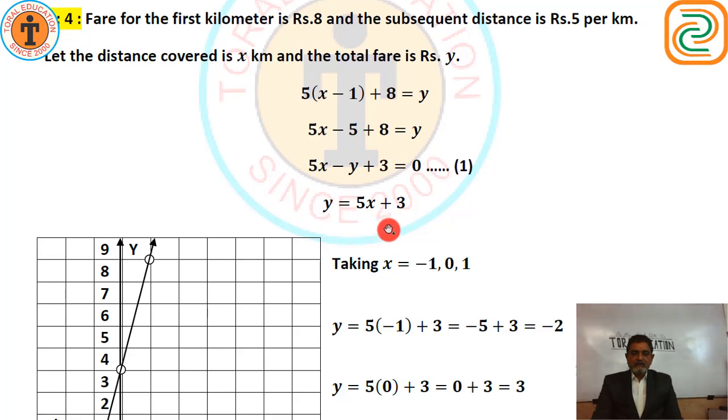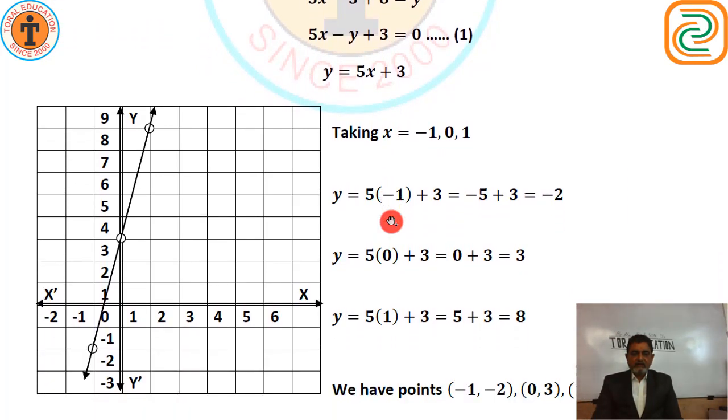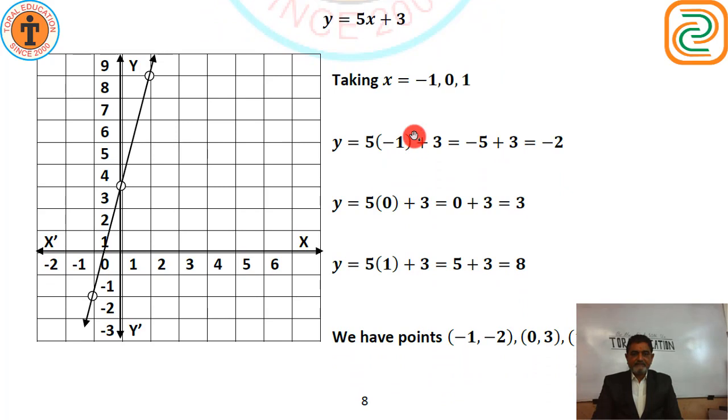This is the equation, and now we have taken different values of x. x equals minus 1, 0 and 1. If we take minimum 3 values of any variable, then we can get the graph. x equals minus 1: 5 into minus 1 plus 3, minus 5 plus 3, that is minus 2.